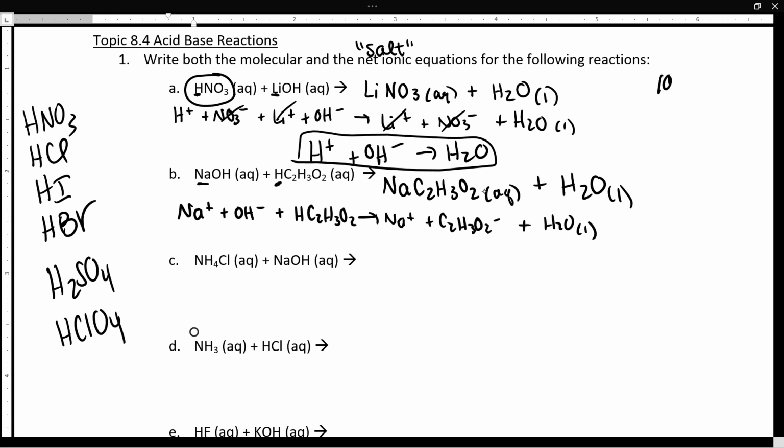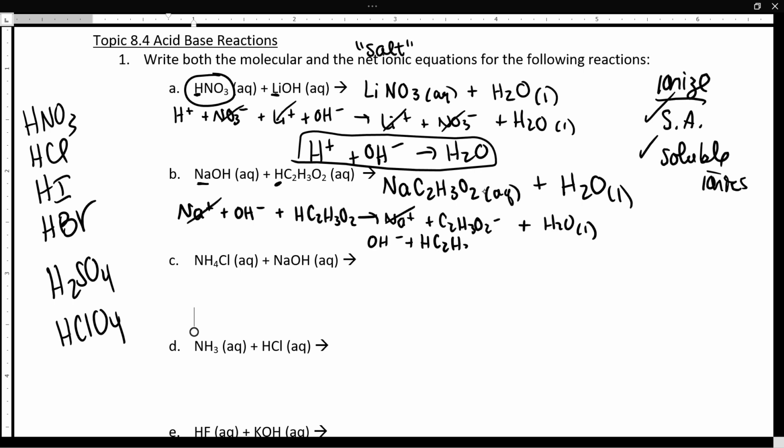So just keep in mind when you're ionizing things, you're ionizing strong acids and the soluble ionics. Okay, those are the 2 things you want to ionize. Boom. So notice in this case, we only have one spectator. It's the sodium ion. So what we're left with is hydroxide and HC2H3O2 make the acetate ion and liquid water.